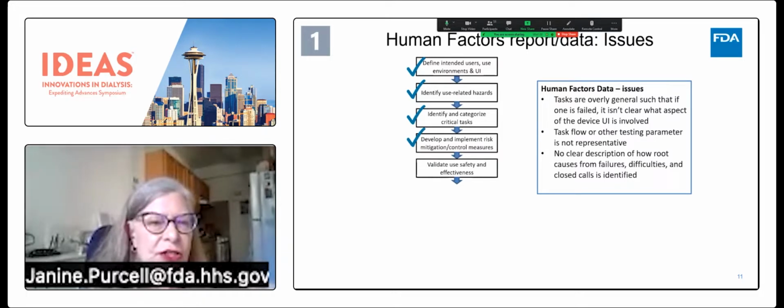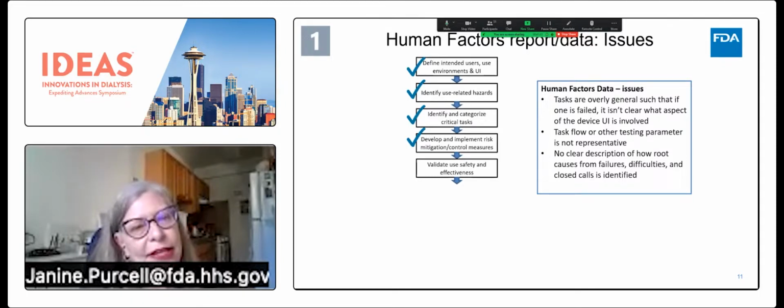In terms of your task design, you really want to consider that there are elements of the validation testing that require objective scoring of tasks. And it's very important that you give consideration to how the matrix you'll be using to declare success for each task or failure for the study.